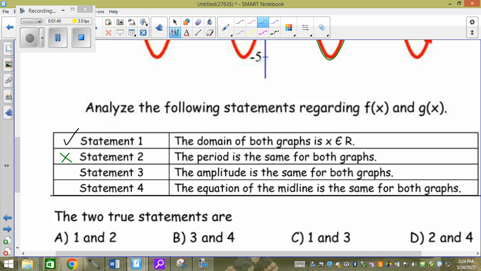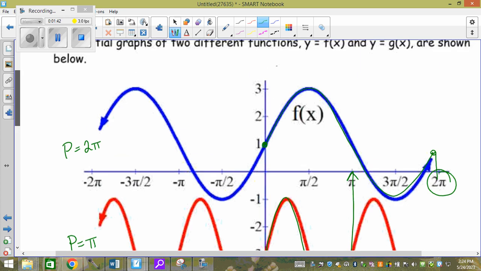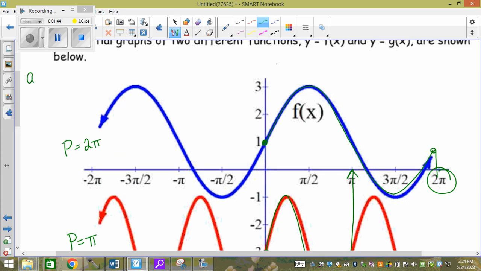The amplitude is the same. Your amplitude for this graph equals the absolute value of the max, which is 3, minus the min, which is -1, divided by 2, which is 2, because it'd be 4 divided by 2.